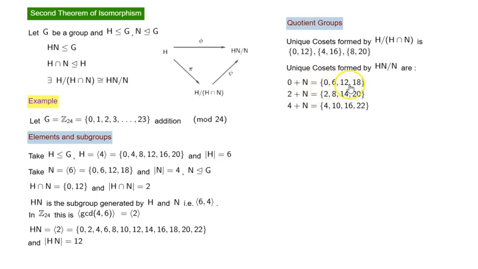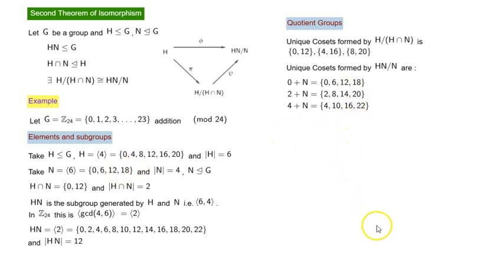So 0 plus N gives us this. Then we take the next one. 2 plus 0, 2. 2 plus 6, 8. 2 plus 12, 14. And 2 plus 18 is 20. Then the next one, 4. 4 plus 0 is 4. 4 plus 6 is 10. 4 plus 12 is 16. 4 plus 18 is 22.